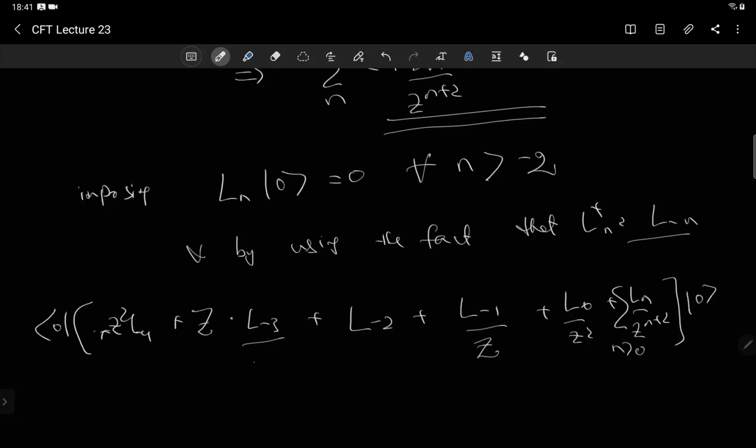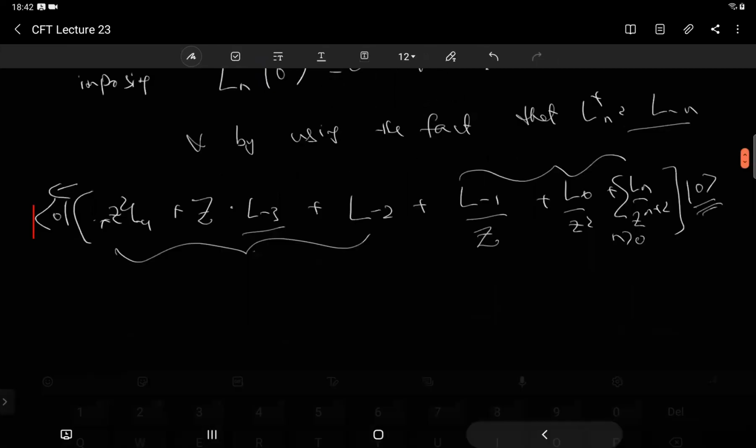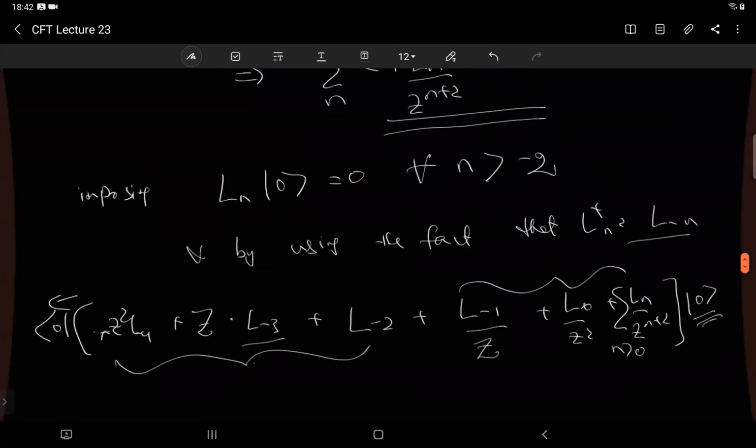So if all these are 0, then because of the action on this, this is also 0. Because if Ln is 0, then L dagger n acting on the bra is also 0. So therefore the whole thing is 0. It satisfies this condition, that this whole thing is 0.